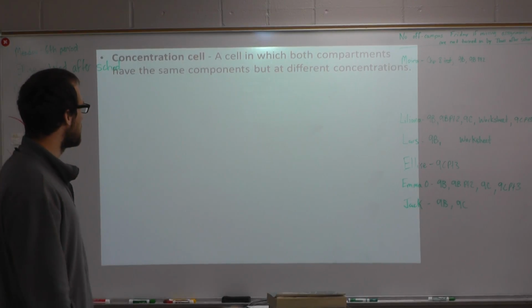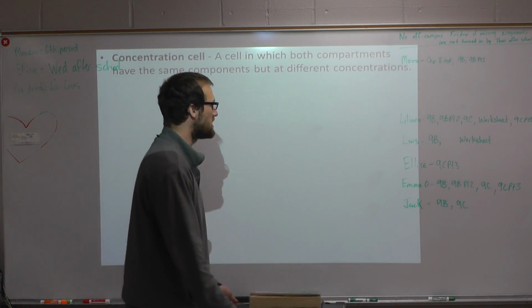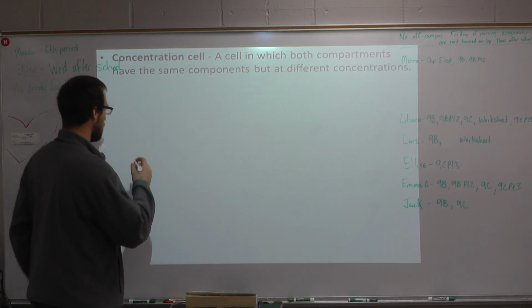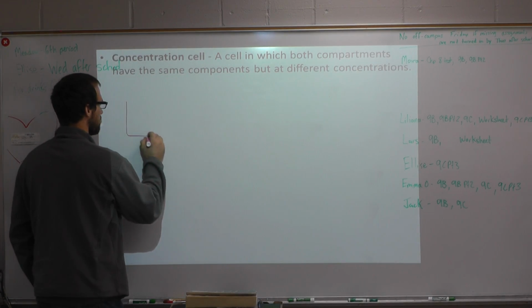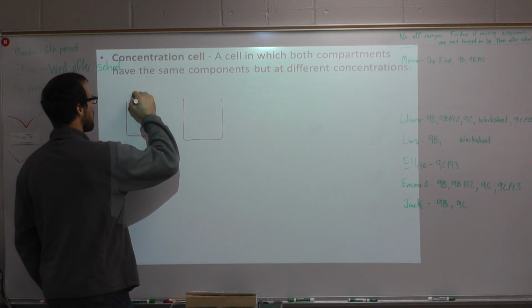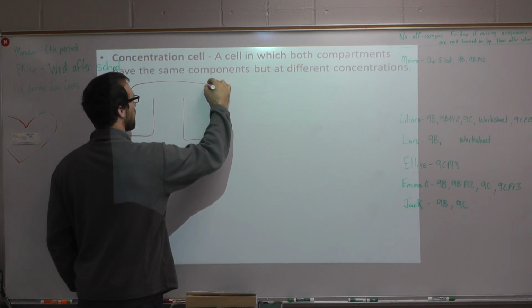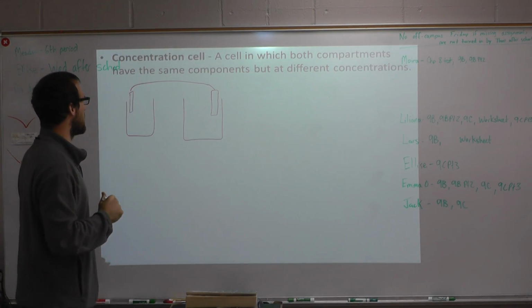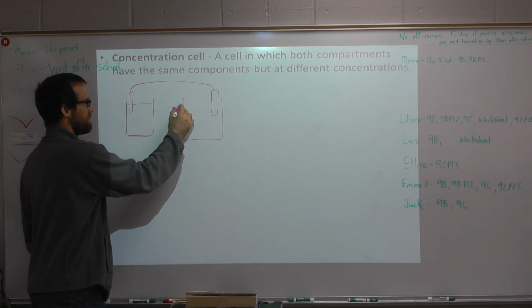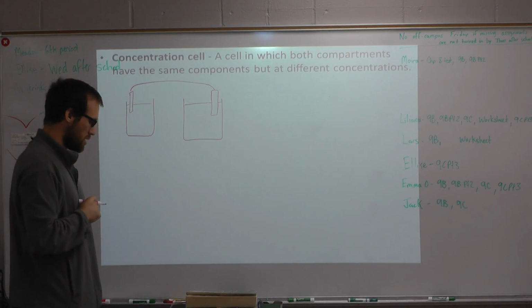So what this says is a cell in which both compartments have the same components but different concentrations. So I'm going to draw a little picture here. I'm going to just not show the salt bridge here for drawing purposes.